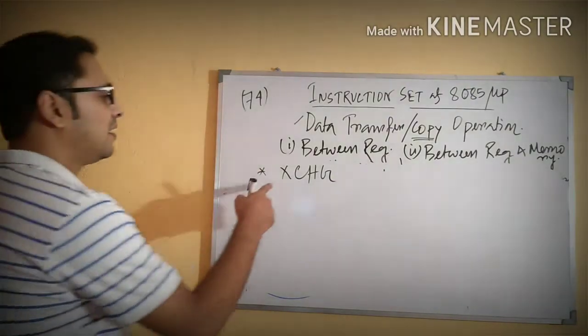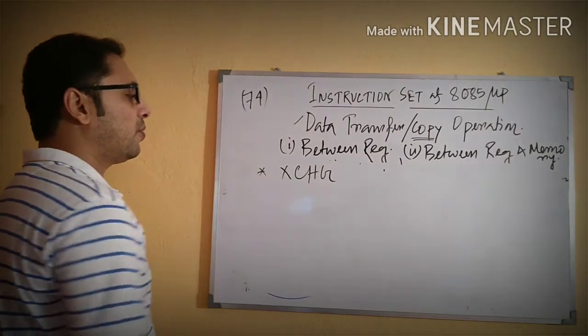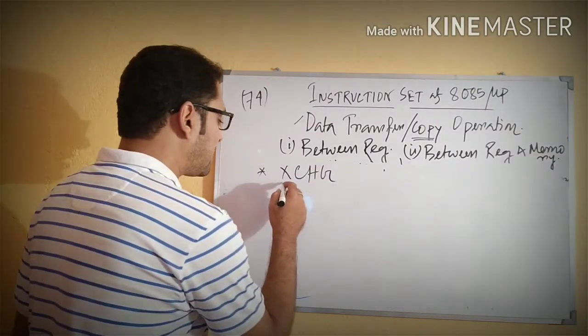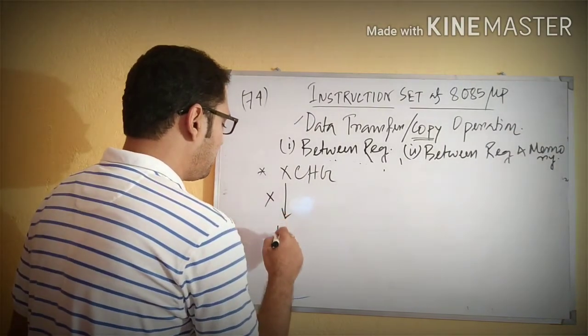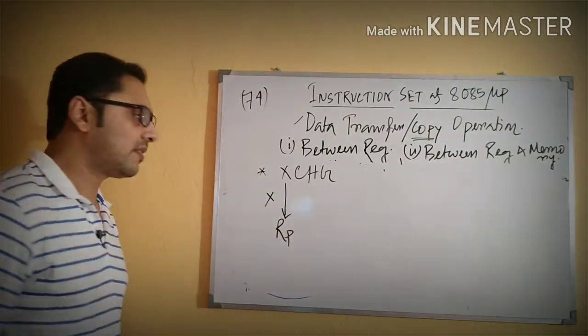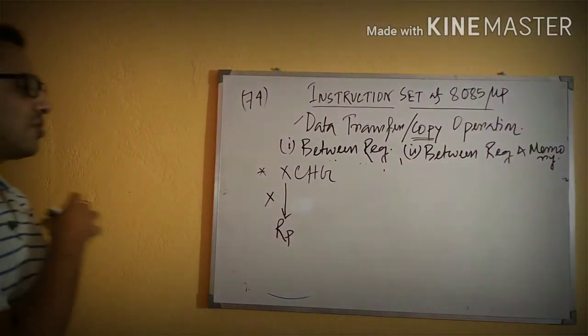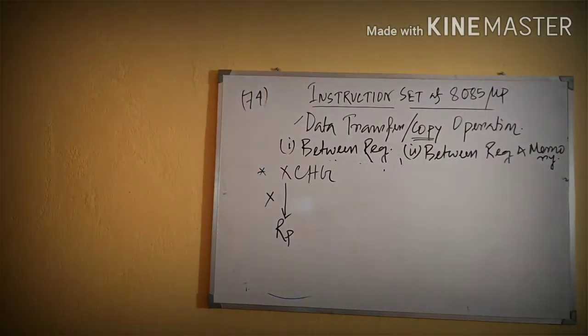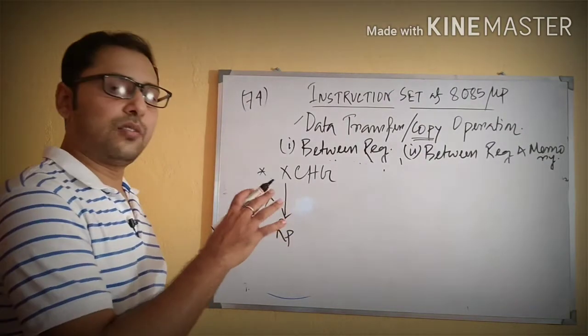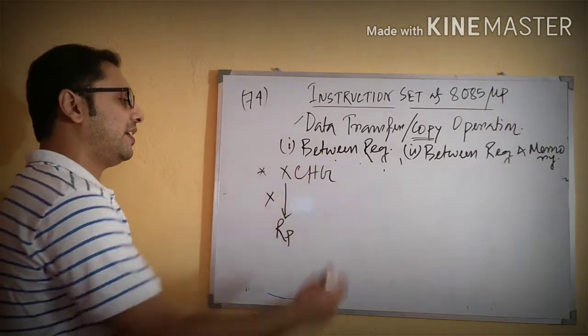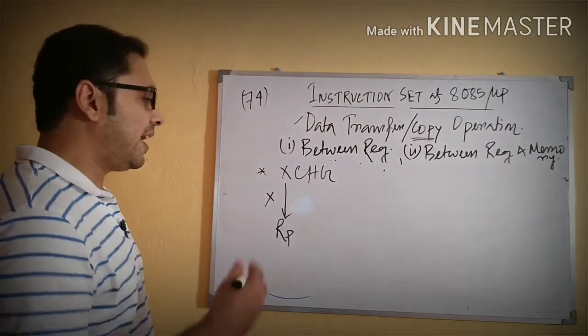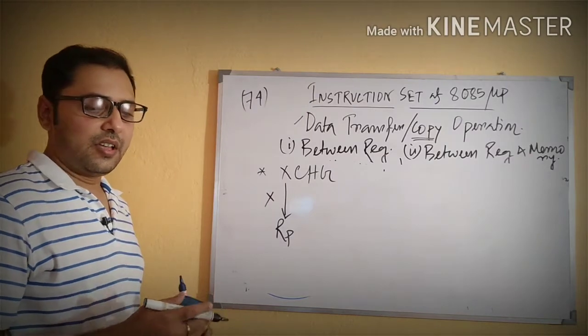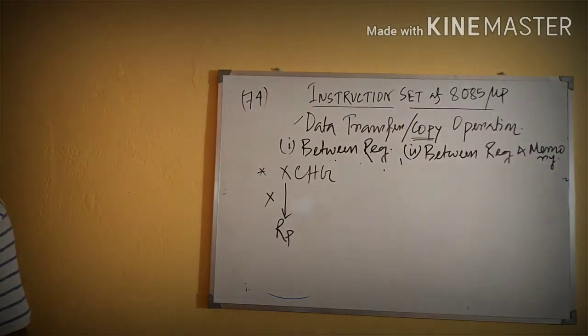But here X is at the beginning of the opcode, so obviously this X does not represent a register pair. It talks about exchange. XCHG is the whole syntax. You don't need to write any operand here. XCHG means exchange the content of the HL register pair with the DE register pair.